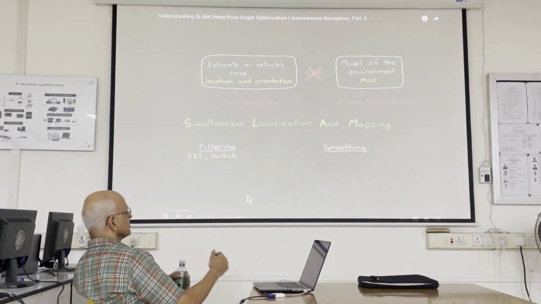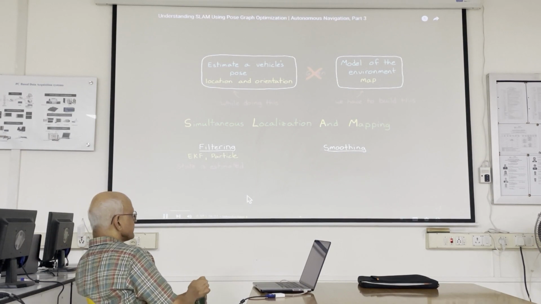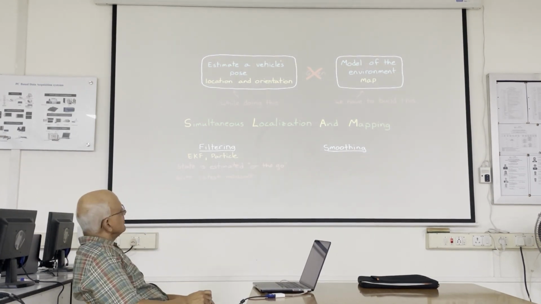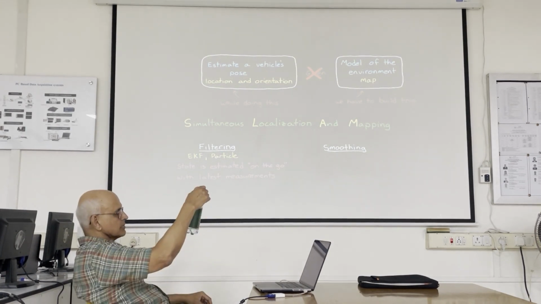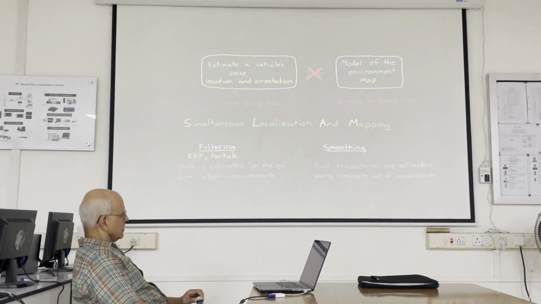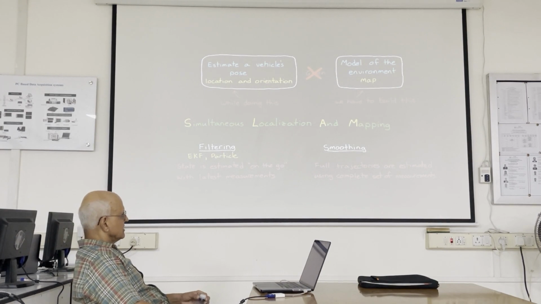As an online state estimation, where the robot state and maybe part of the environment is updated on the go as new measurements become available. On the other hand, smoothing techniques estimate the full robot trajectories from the complete set of measurements, not just the new measurements. And understanding these methods can be more intuitive if we address them under a graph-based formulation.